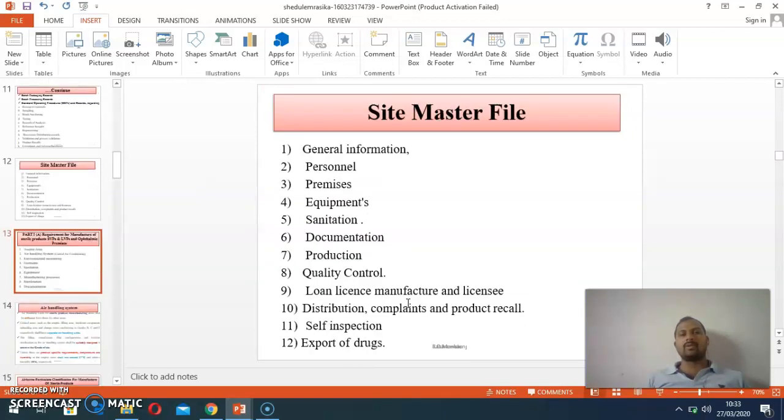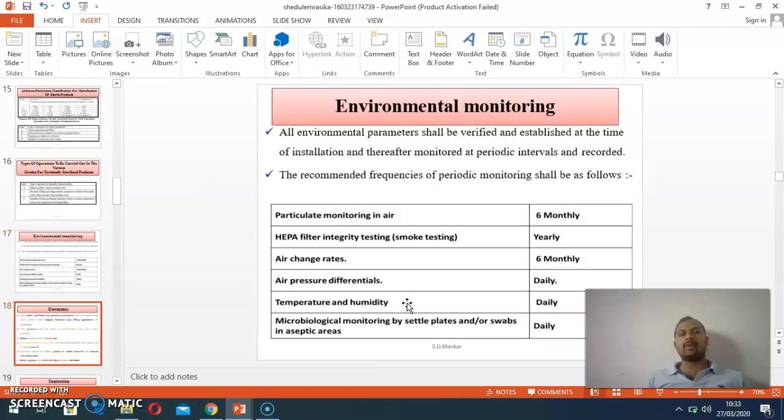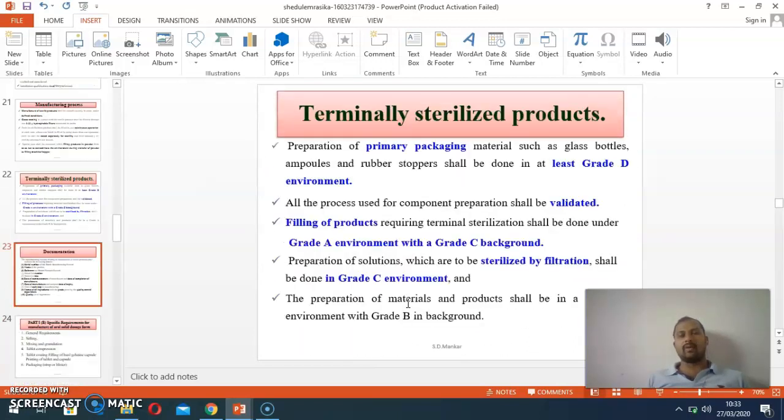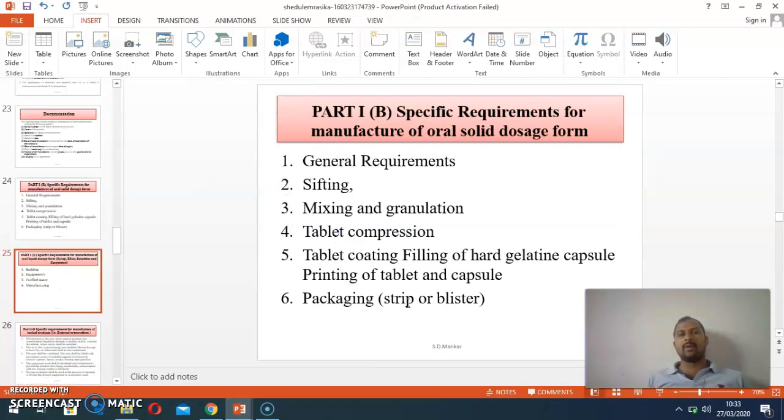So we are discussing the different types of layout which is required for disperse system and semi-solid preparations.